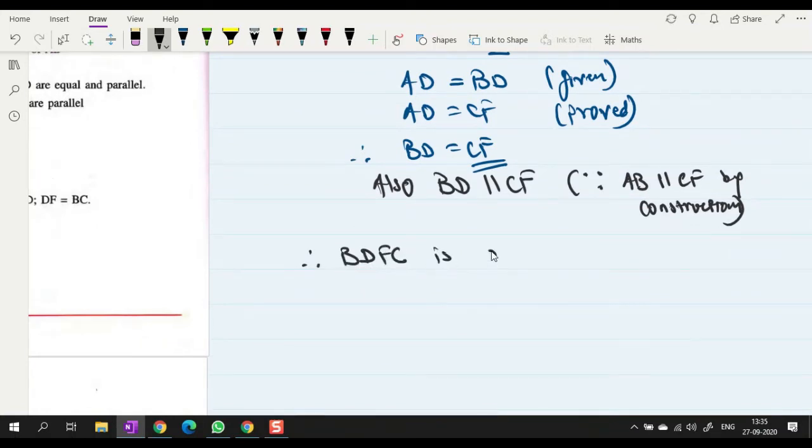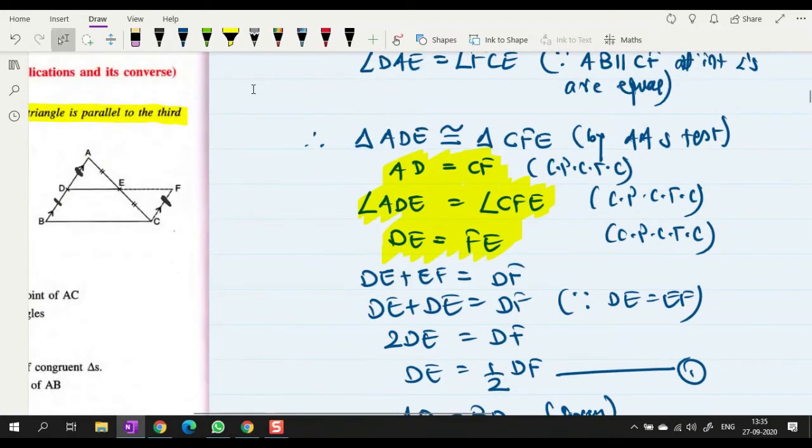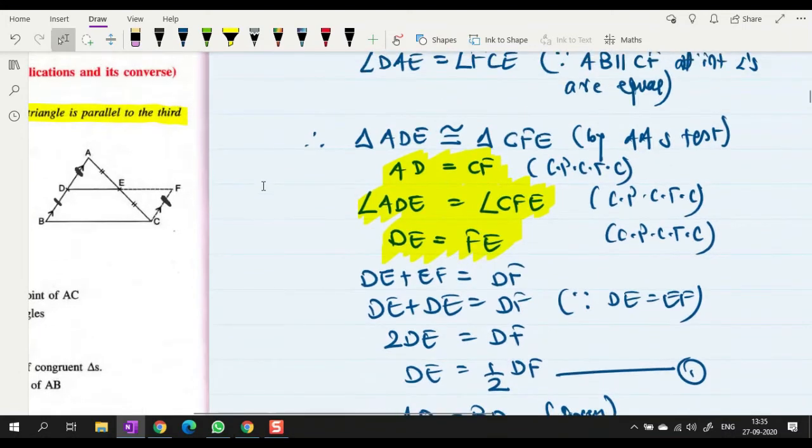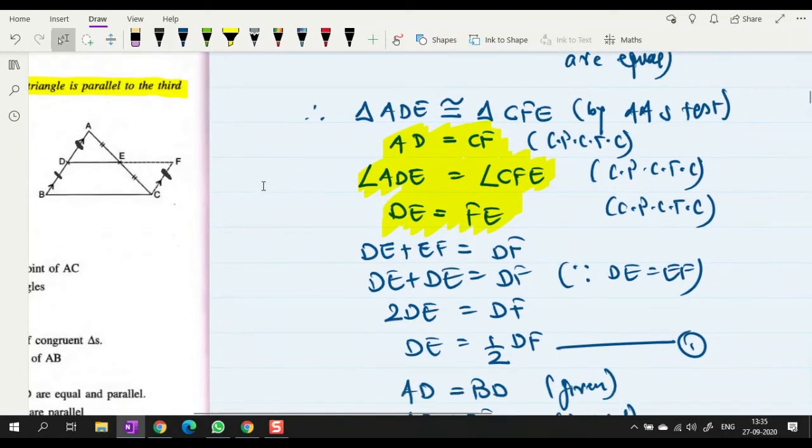BDFC is a parallelogram. Now, BDFC is a parallelogram is proved by us. So, can we say that DF is parallel to BC?